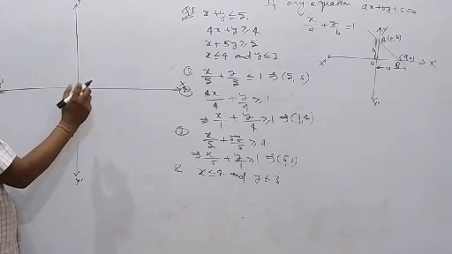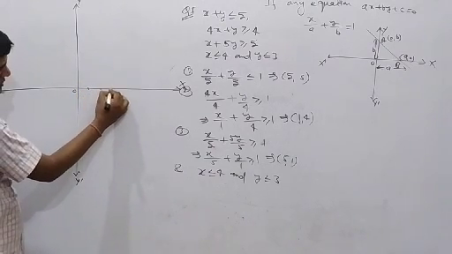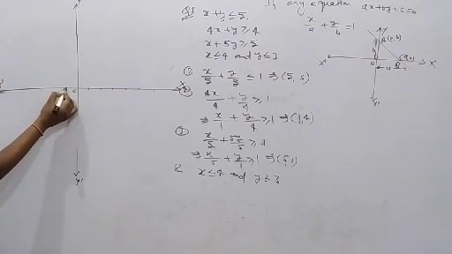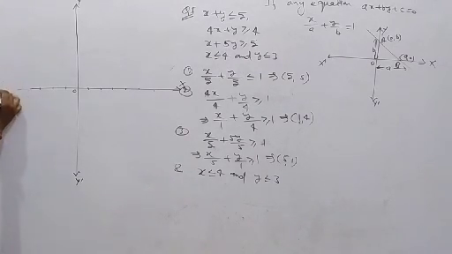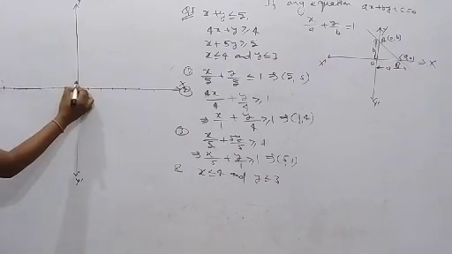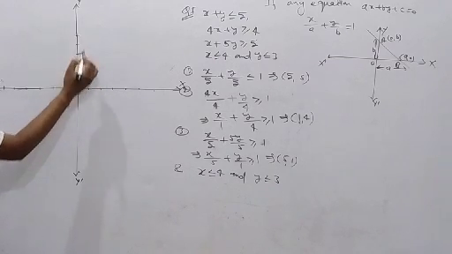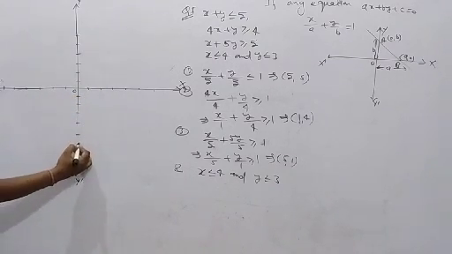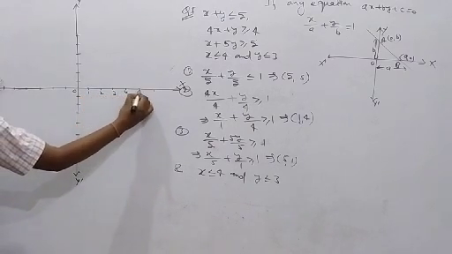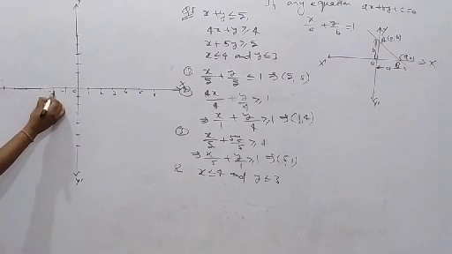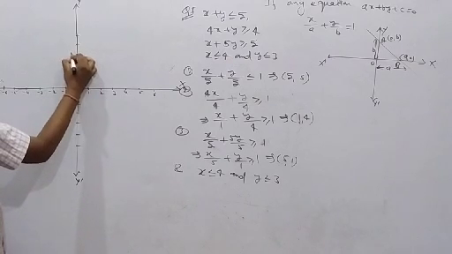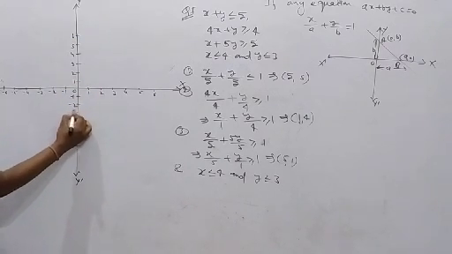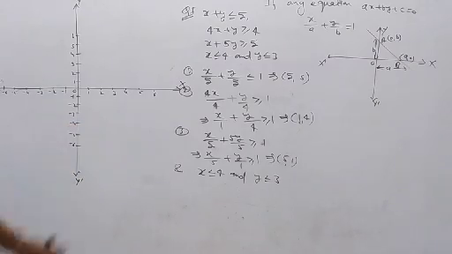And I am going to take the units: 1, 2, 3, 4, 5, 6 along each positive direction, and minus 1, minus 2, minus 3, minus 4, minus 5, minus 6 along each negative direction.